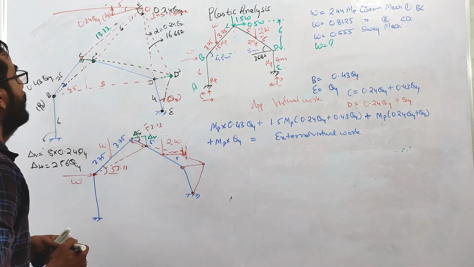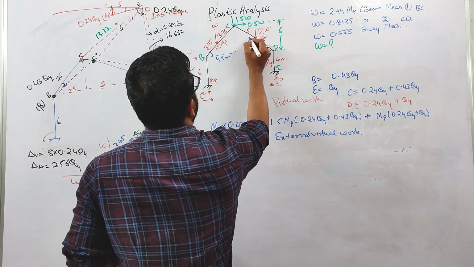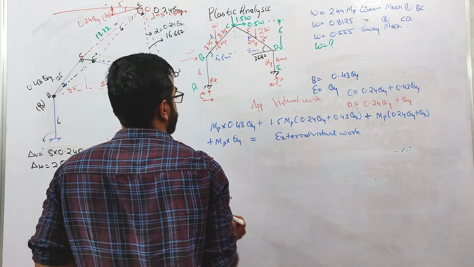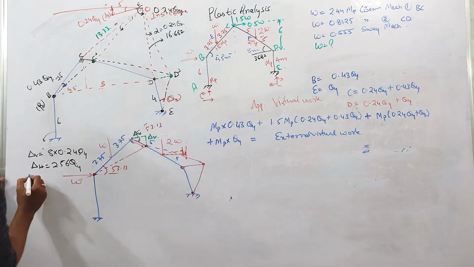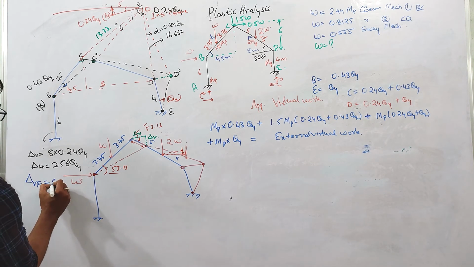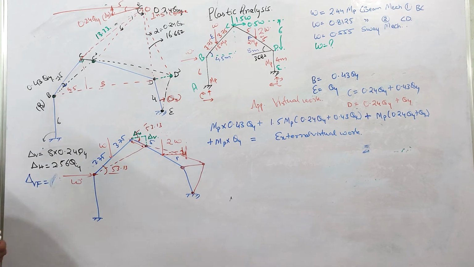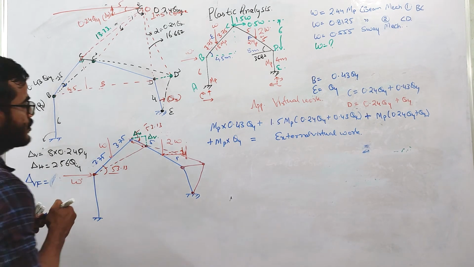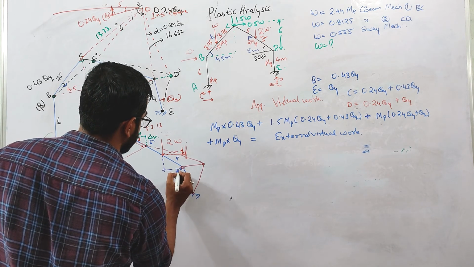So this will be the value of delta V at F. Let us suppose this point is F, this point is E. So delta VF will be 5 into, not 5, we need to have the horizontal projection basically. What will be the value of this?